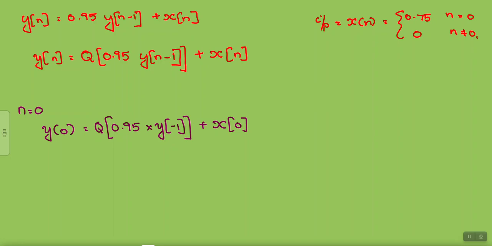In my question there are no specifications of y of n minus 1, so we can take y of n minus 1 as 0. So y of 0 is equal to 0 plus x of 0, that is for n is equal to 0, x of n is equal to 0.75.